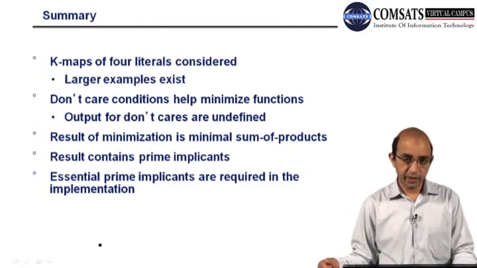And then we have used literals, implicants, prime implicants, and essential prime implicants, and we have utilized those concepts when simplifying our Boolean expressions. So that's all for today's lecture.